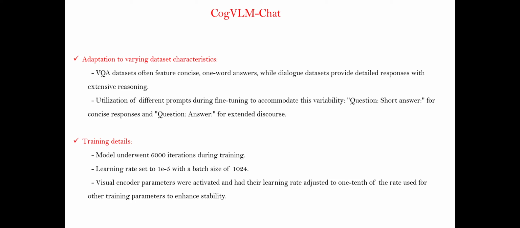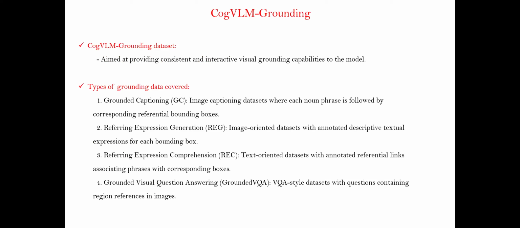During the development of chat, they unfroze the visual encoder parameters with a learning rate of one tenth of the rate used for other training parameters to enhance stability. So to develop chat with this approach, they considered different VQA datasets with a lot of variability, short and extended answers, incorporated through prompt changes. Next we'll look into CogVLM grounding.